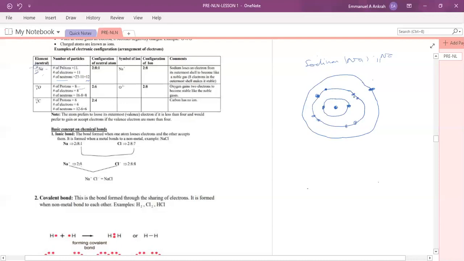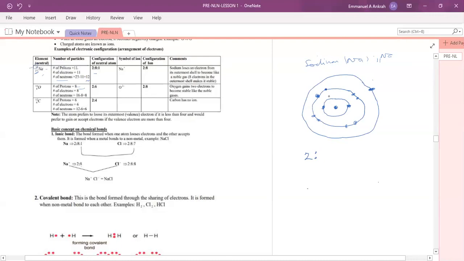So this is the electronic configuration. On the test, you're not going to have time to be drawing all this here. So you can use the configuration system that I have here. The inner shell is 2, so we're going to write 2 for the inner shell. Then colon. Then the next orbit, right? How many electrons are in the next orbit?